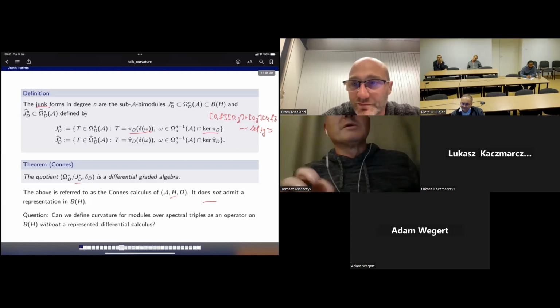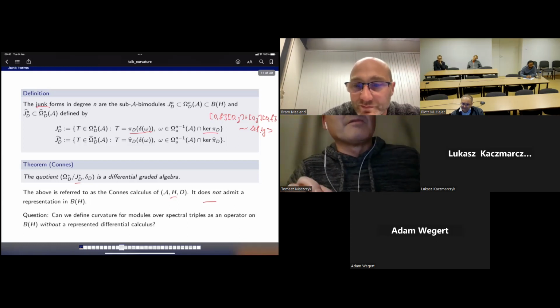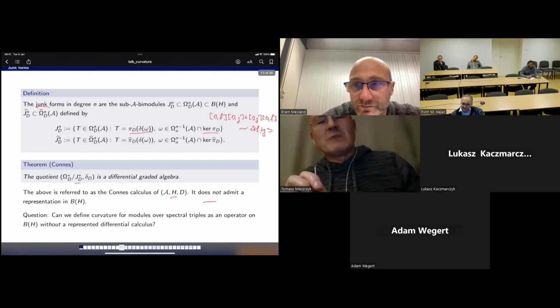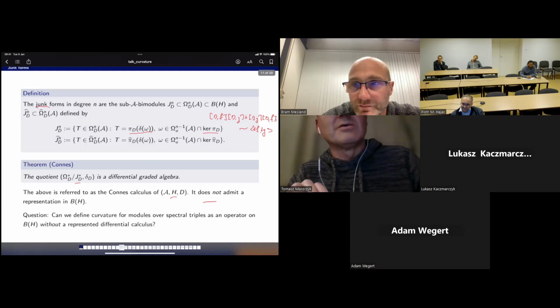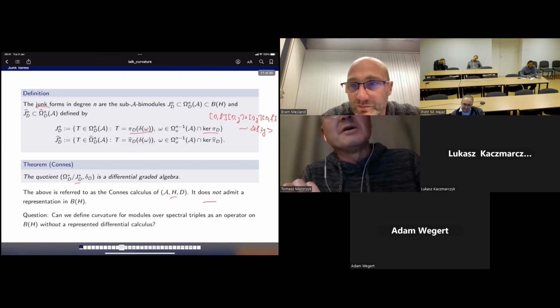Okay, so the problem is not that we don't have the representation on the same Hilbert space, because even if we had such a representation, there is no guarantee that it lifts to the given representation, the spectral triple. Yes, exactly, that's what I mean.